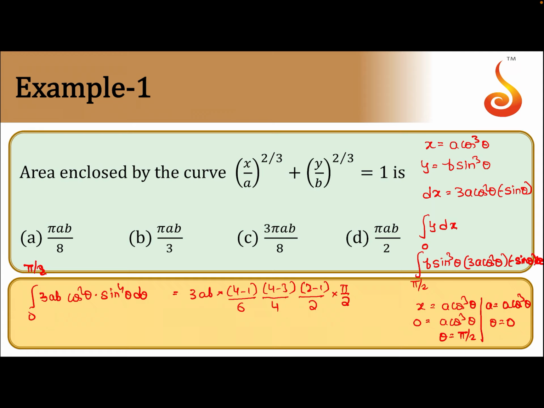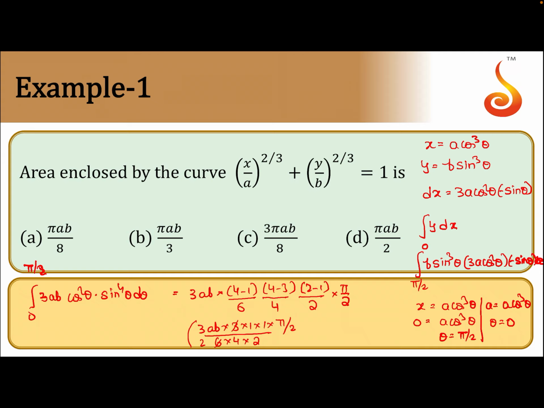So this will give you 3ab into 3 into 1 into 1 into pi by 2 divided by 6 into 4 into 2. So this 3 and 3 will cancel and we get 2 2s are 4, 4 8s are 32, 32 into 3.